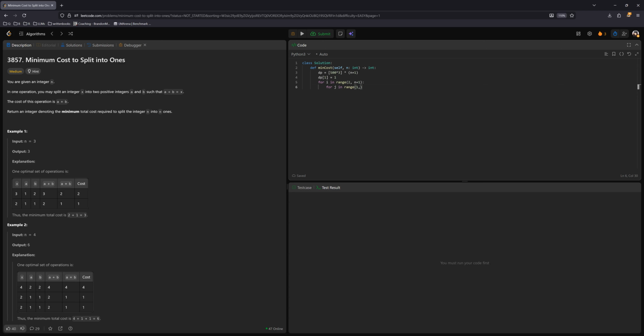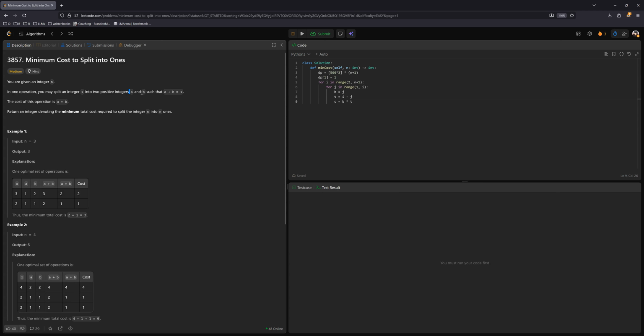It wouldn't be equal to i. It would have to be 1 less than i, so yeah. So bottom number is going to be j, and then top number is going to be i minus j, and then cost is going to be bottom times top. Am I doing that right?